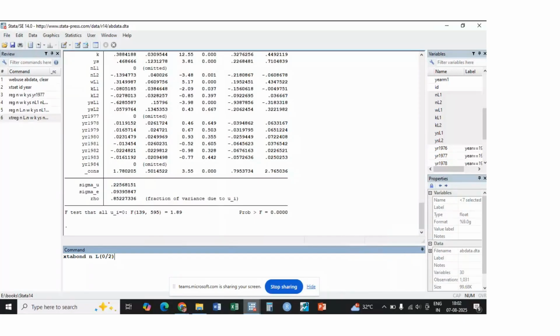Then we will specify our explanatory variables. Now remember this, I can go on adding all the variables. But is it going to be good or bad?